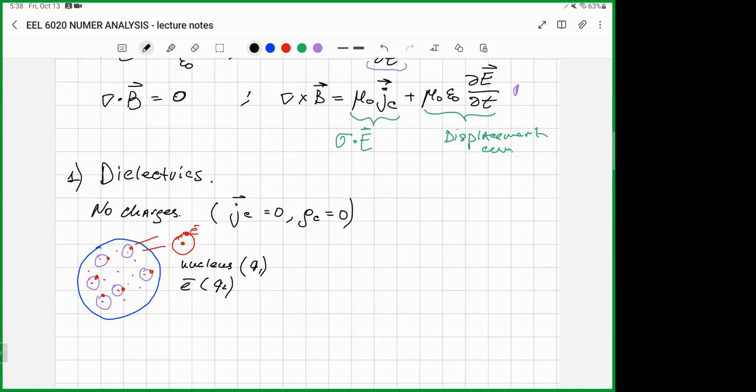And of course, if I apply an electric field to this system, the electric field causes the electron to move in one direction, and the nucleus either stays the same or moves in the opposite direction. As a result, the system becomes polarized. So this is the process of polarization.